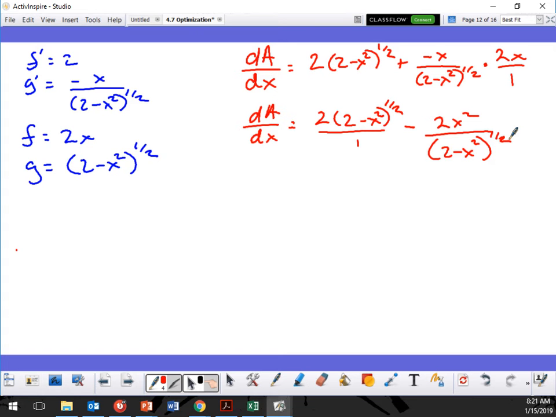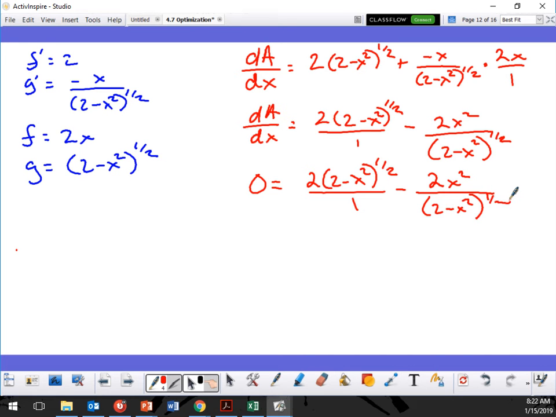So that means that it's going to be, that's when my slope is equal to 0, so that's a min or max. So now I get 0 equals 2, that's a half, sorry.